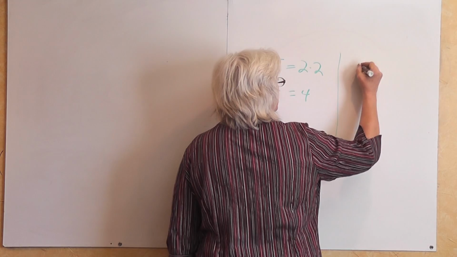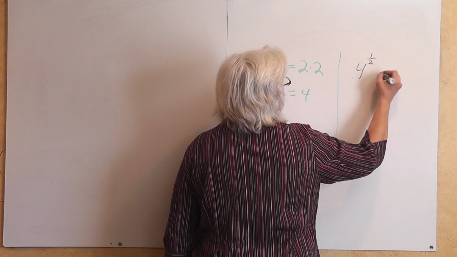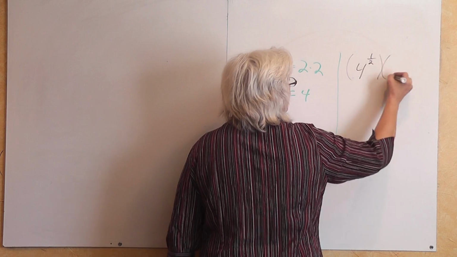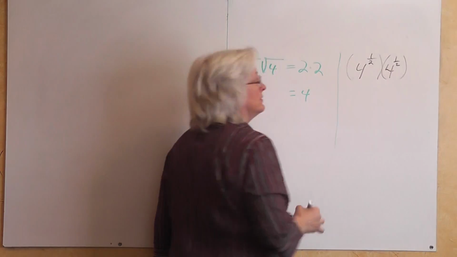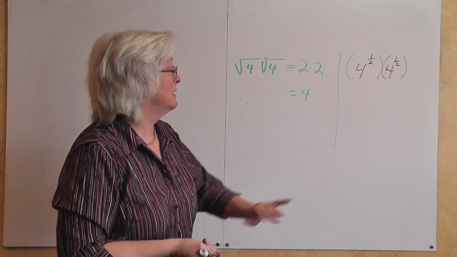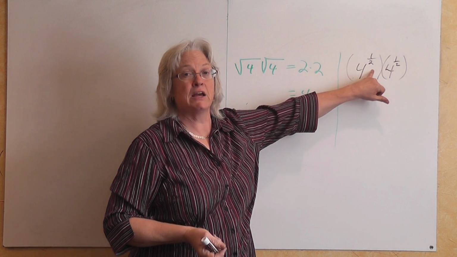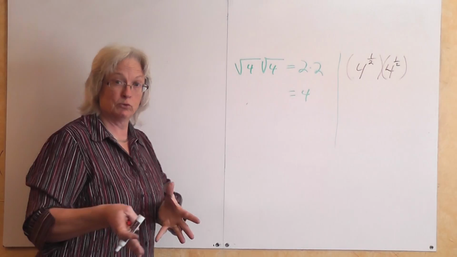So if we had something pretty weird looking like 4 to the 1/2 times 4 to the 1/2, it looks weird, but it still fits the pattern. It's a base and an exponent that we're multiplying together. What does our exponent rule tell us?